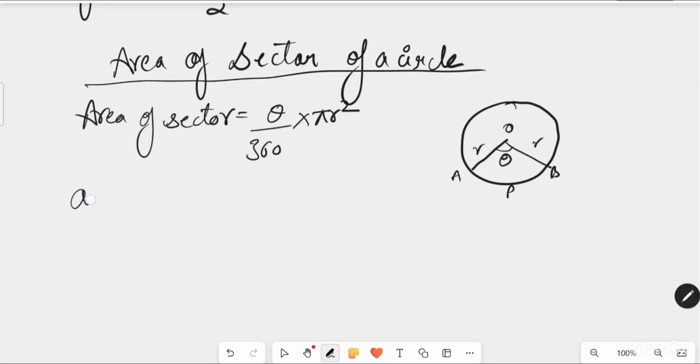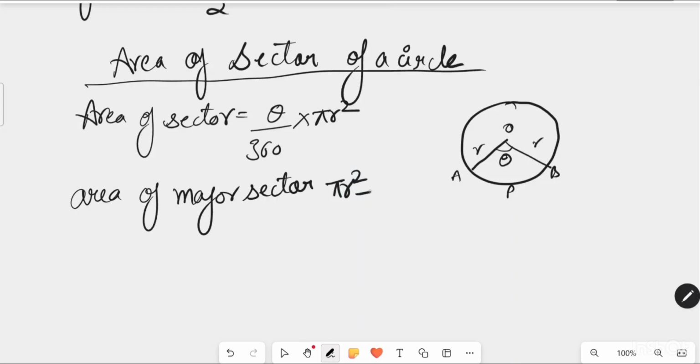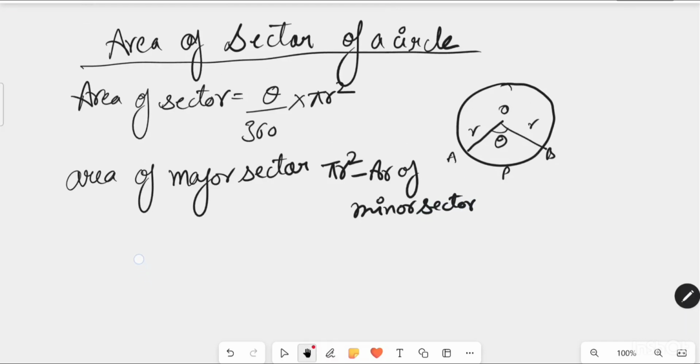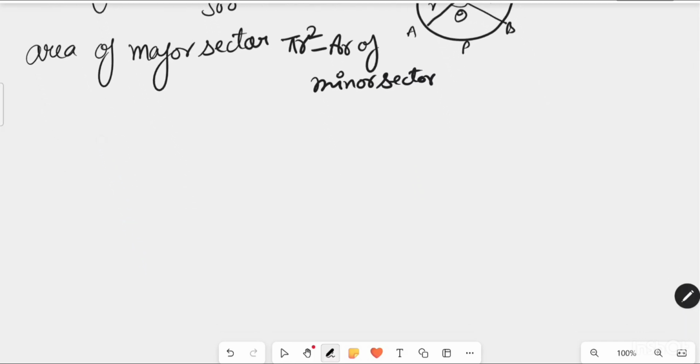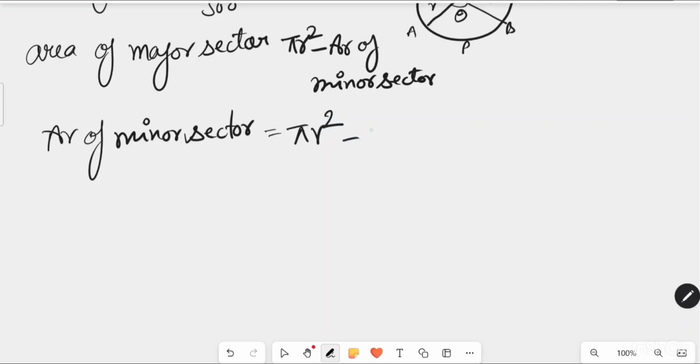Area of major sector will be pi r square minus area of minor sector. And area of minor sector is pi r square minus area of major sector.